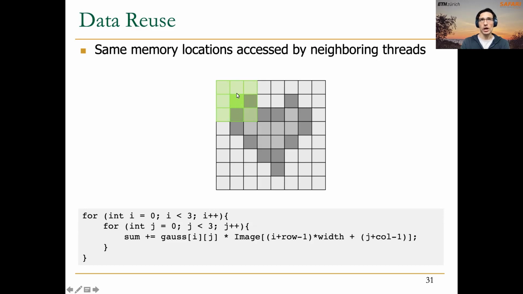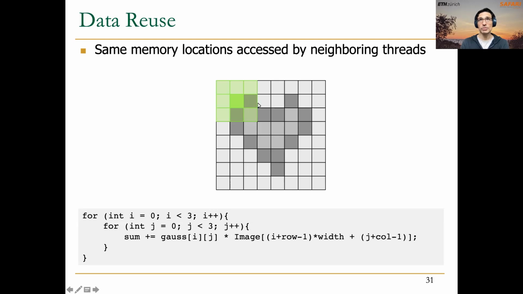For example, for this input pixel, we are going to calculate an output value that is the result of performing the convolution of this green mask with the corresponding pixels, as you can see here at the bottom in this code.